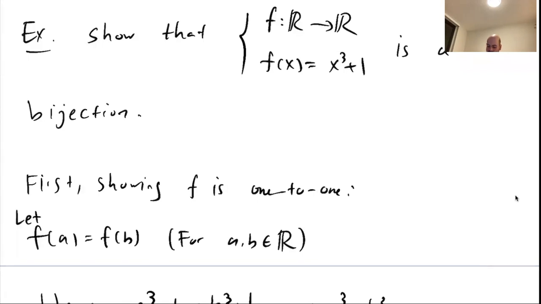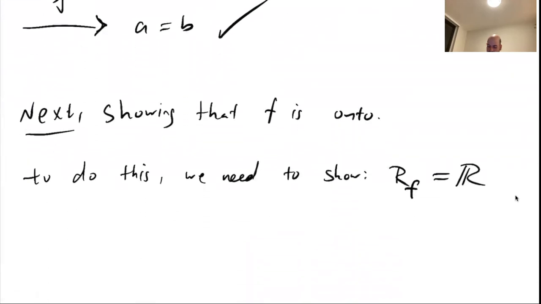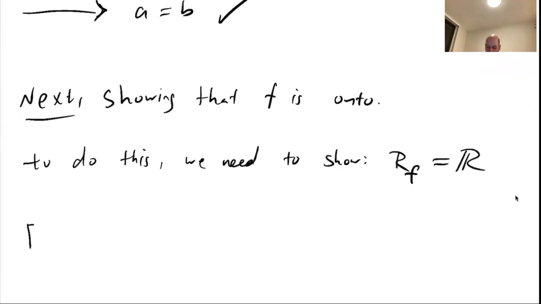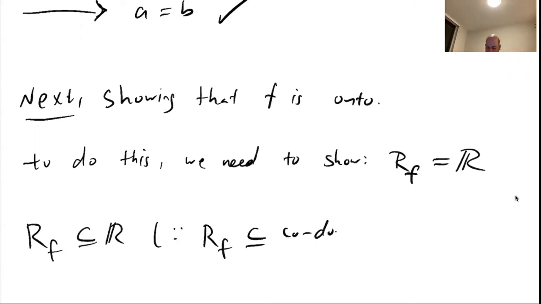So how can I show this? Again, you want to show two sets are equal. Of course, one direction is always valid, right? So range of f is a subset of R. Please remember that range of f is always a subset of codomain. So this direction always holds.